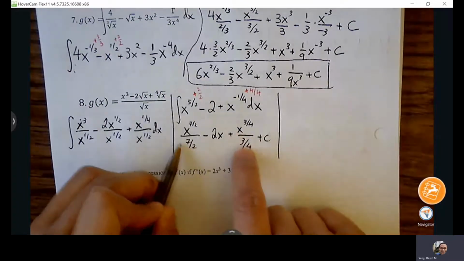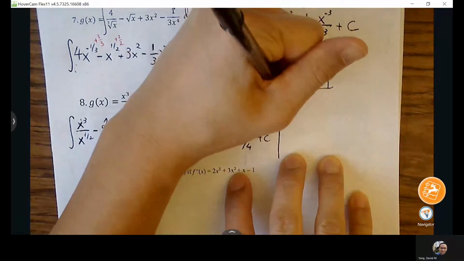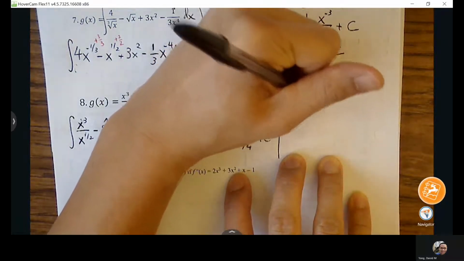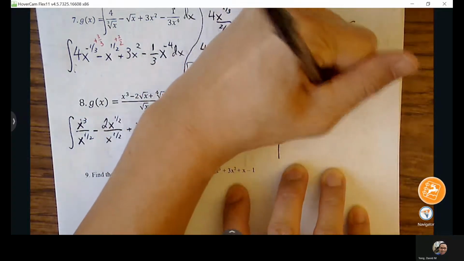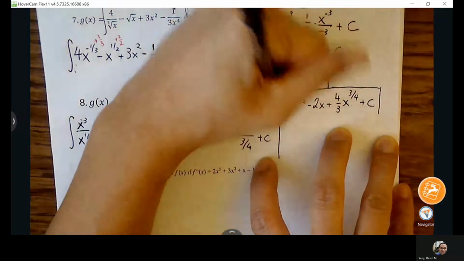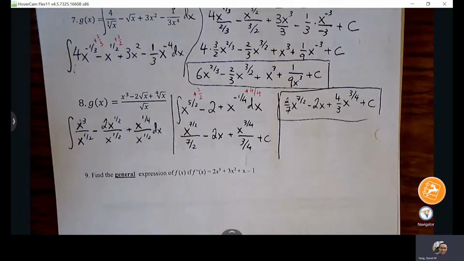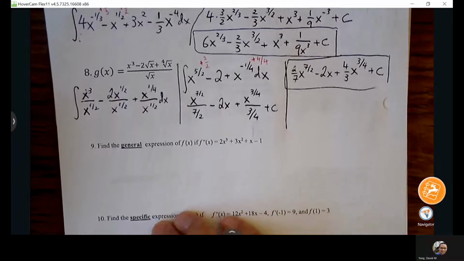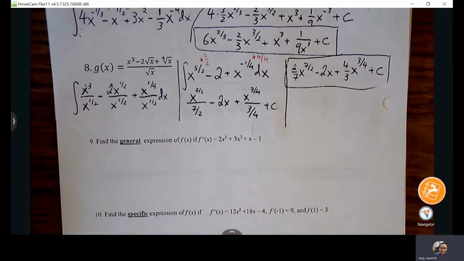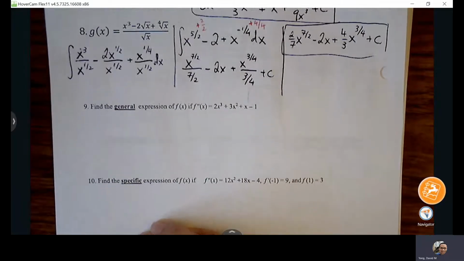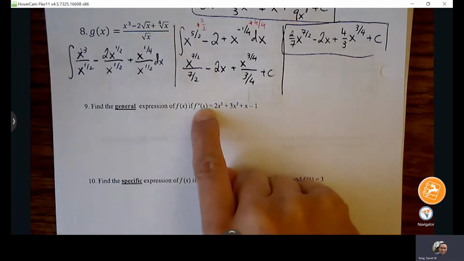Okay, I'm going to flip those denominators to the top.